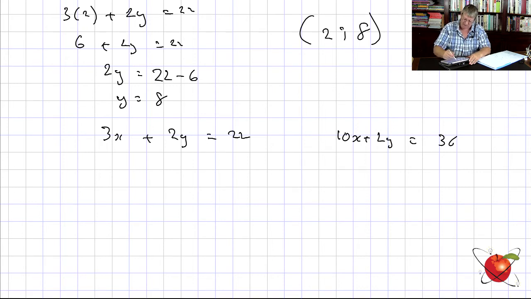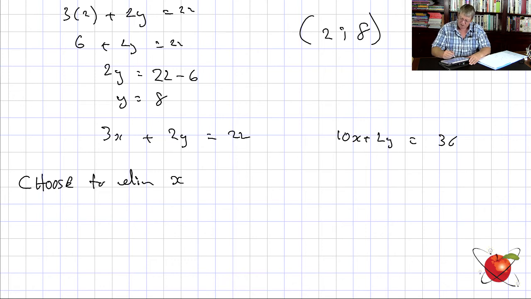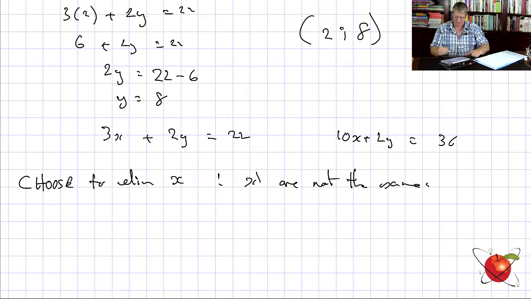Well, not a mistake, but I say choose to eliminate x. Right, I've got 3x plus 2y and 10x. The x's are not the same. So I now have to introduce a step, okay? And that is step 5.